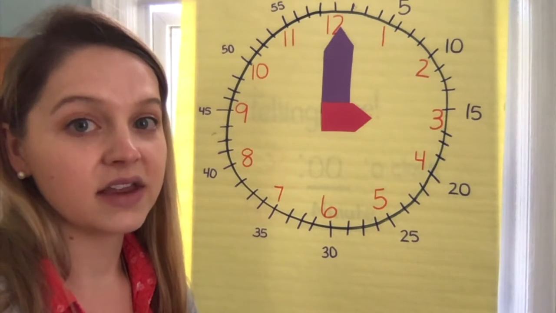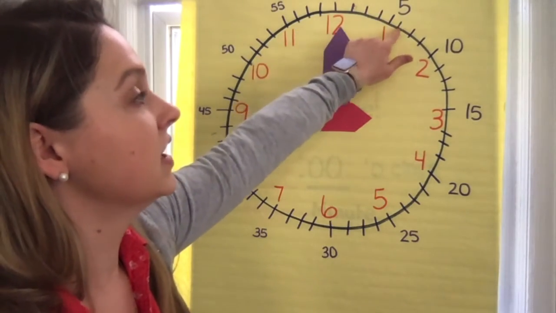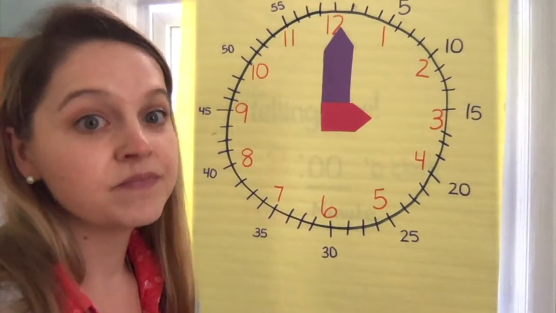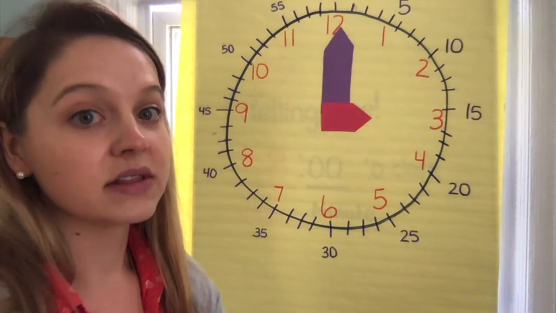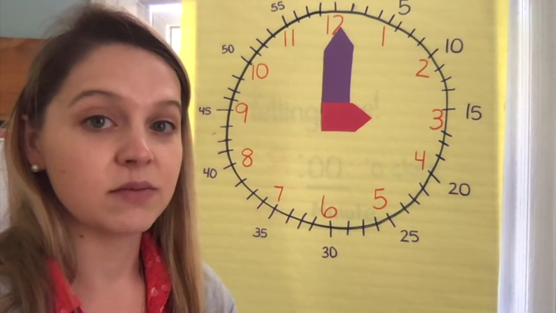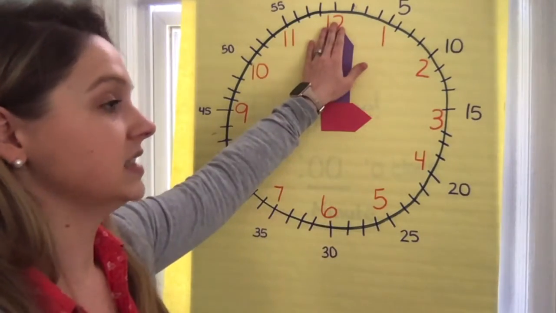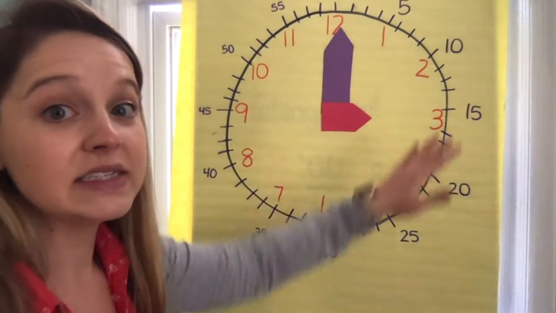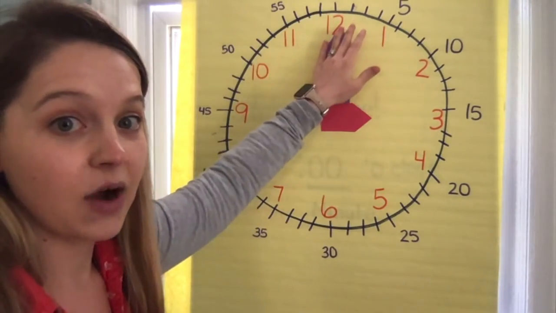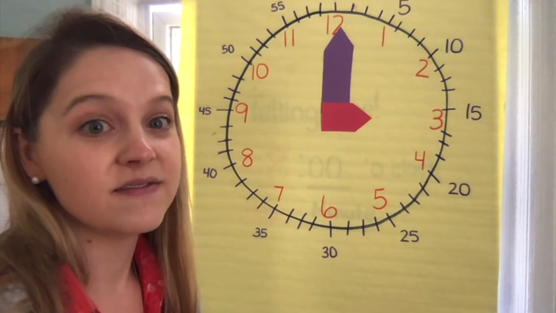The other thing that you might notice on your clock is some clocks have these little dashes to show the minutes. Now, the minutes are a little bit trickier to read on a clock because they don't follow the same numbers as an hour. There are 12 hours in our day, but there are 60 minutes in an hour. So when we read the minute, we're going to be counting by fives.